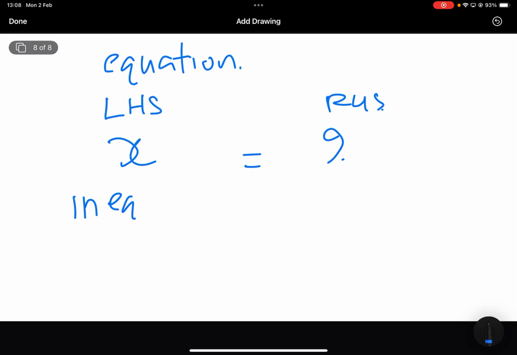inequality. Equation means equal. Inequality means not equal. So when it's not equal, we learn another few symbols.